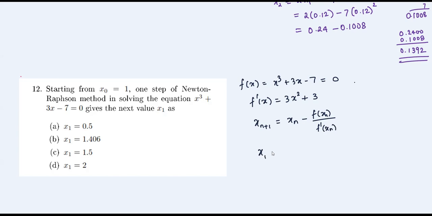So x1 will be x naught minus f of x naught by f dash x naught. I don't have to do the full calculation, that's why 1 minus f of x naught, put 1. 1 plus 3 is 4 minus 7 is minus 4 by f dash.